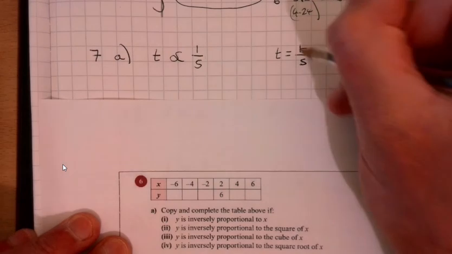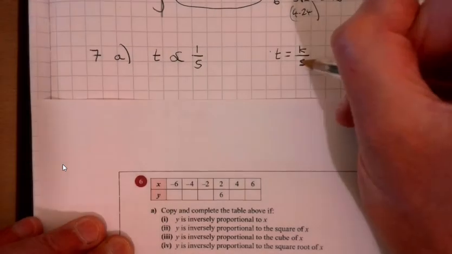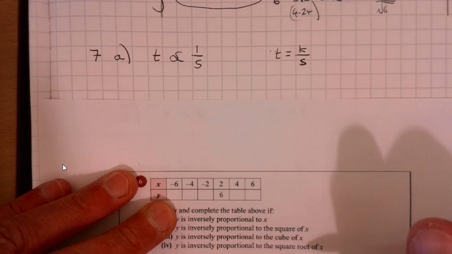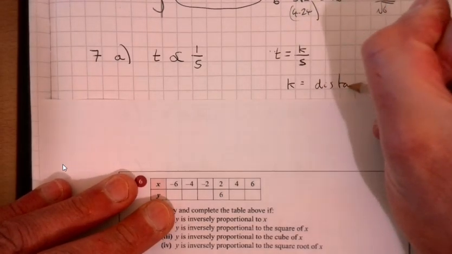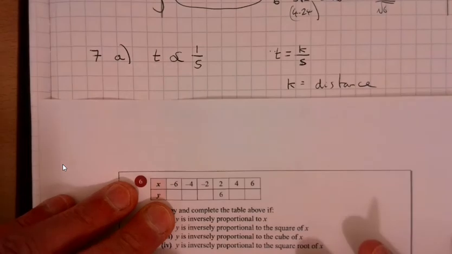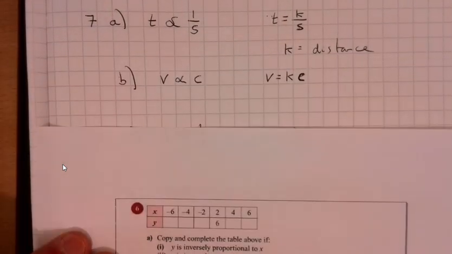Hey, wait a minute. What's speed times time? What's that equal to? The speed multiplied by the time. K here would be the distance travelled. Okay, let's have a look at the other ones. They're quite similar. The amount of VAT paid on an item varies directly as the cost of the item.